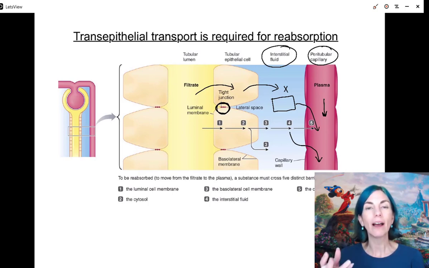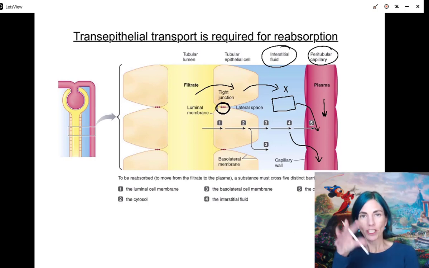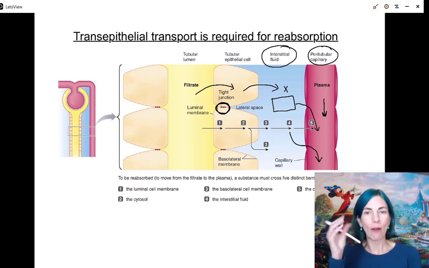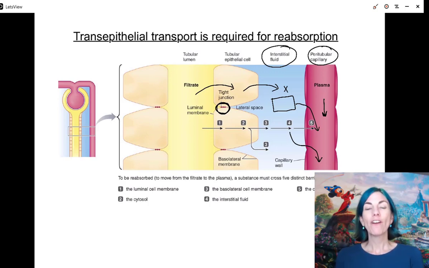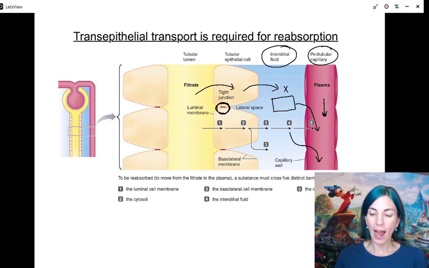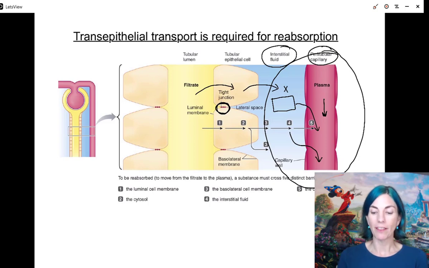So you can think of that peritubular capillary as having a weak suction, constantly sucking whatever interstitial fluid is being produced by reabsorption. For our purposes, I don't really consider this. To me, it is enough if you have achieved these two steps: you've crossed the apical membrane and you've crossed the basolateral membrane.